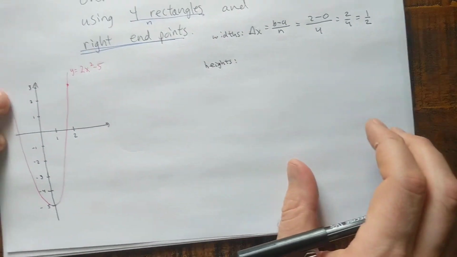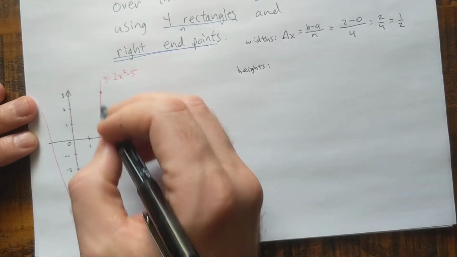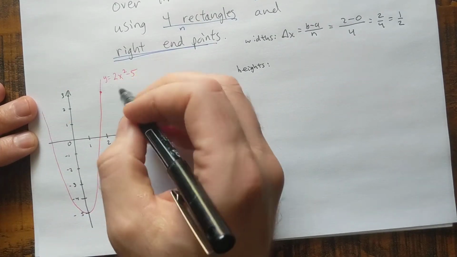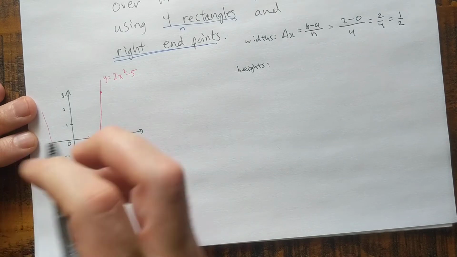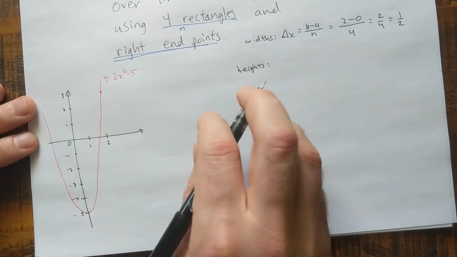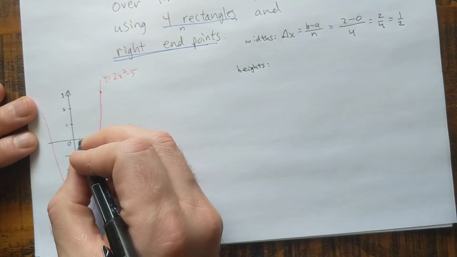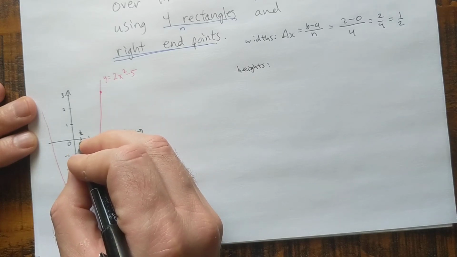So let's go over here and think about what these look like. We're starting at 0. So here's what the function looks like. It's a steeper parabola scooted down 5. So that's why we're down here. And then the width of each of our intervals should be 1/2. So starting at 0, which is a, I'm going to go over 1/2. And then if I go half again, I'm at 1.